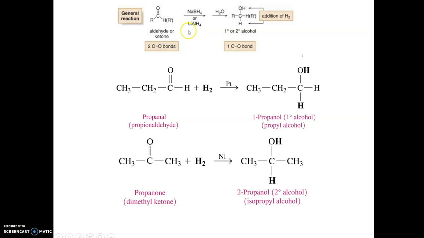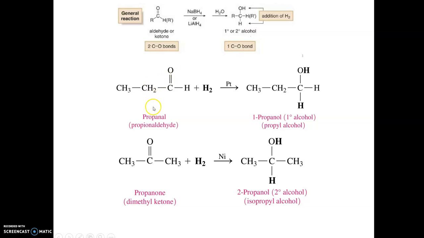Upon reduction with either of the reducing agents, there will be addition of hydrogen across the double bond. One hydrogen is added to the oxygen and the other to the carbon carrying the functional group, and a new sigma bond is formed. So the product can be a primary or a secondary alcohol.